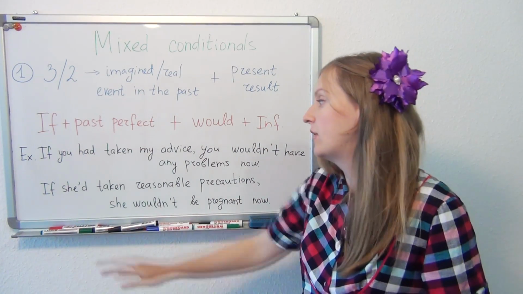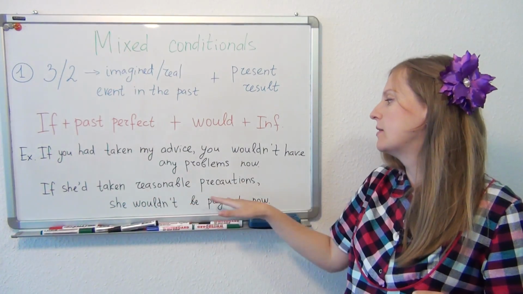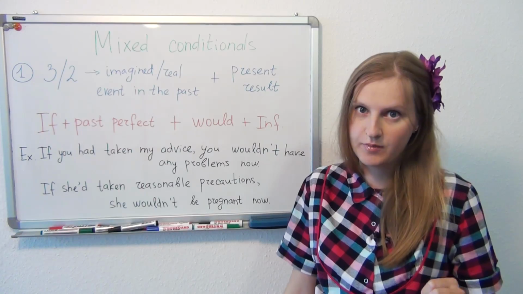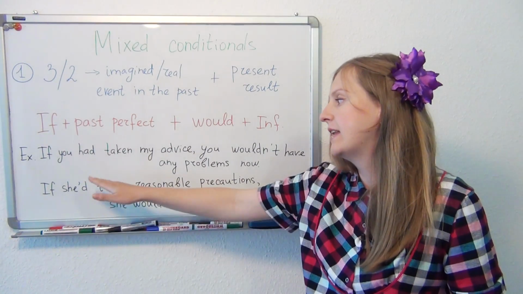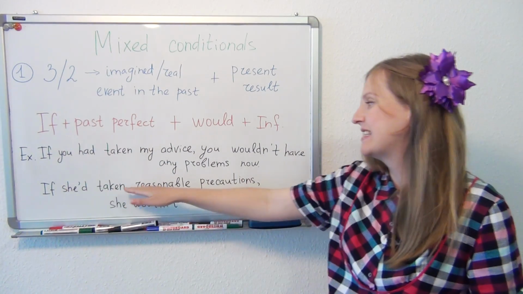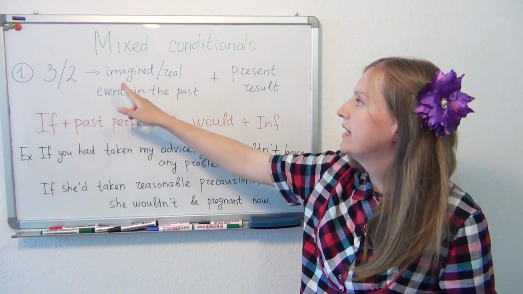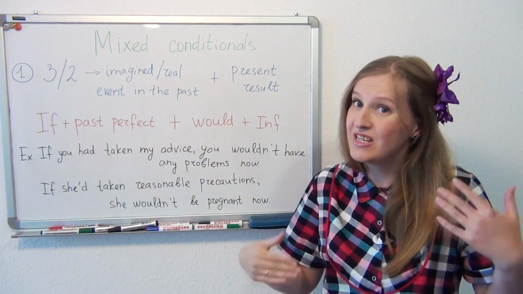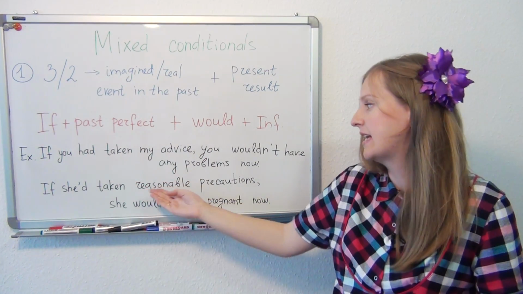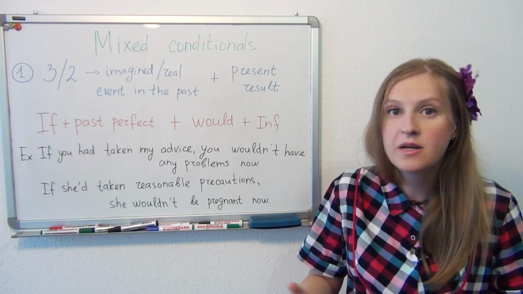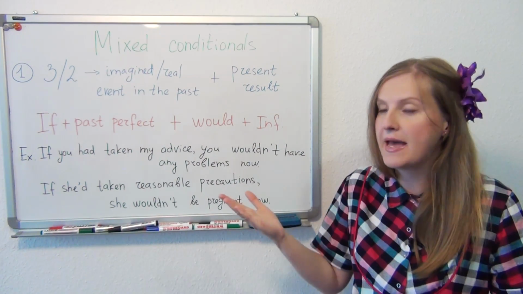The second example, if she'd taken reasonable precautions, she wouldn't be pregnant now. Once again, we have an event in the past, if she'd taken reasonable precautions. Here we have an imagined event, so if she actually had taken reasonable precautions, I wish she had taken them, but she didn't, so we imagine.